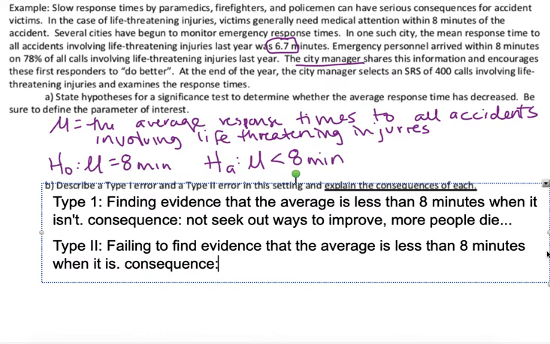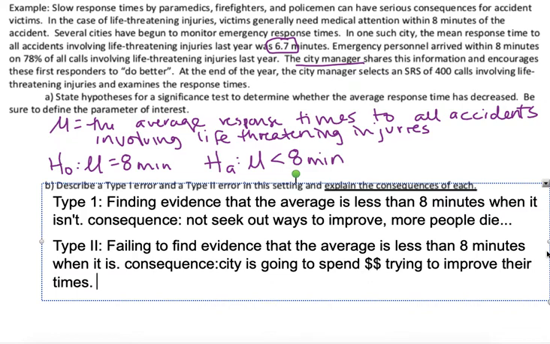So now I have failed to find the evidence of my alternative, so now I have failed to reject the claim. So what happens now? Now the city is going to spend money trying to improve their times. This is going to hurt morale of the employees and first responders.